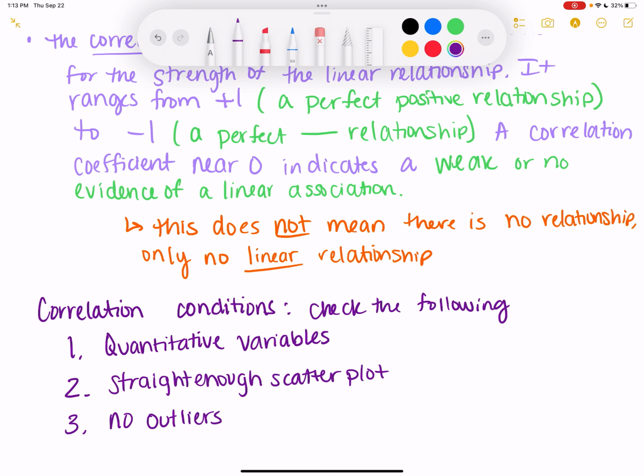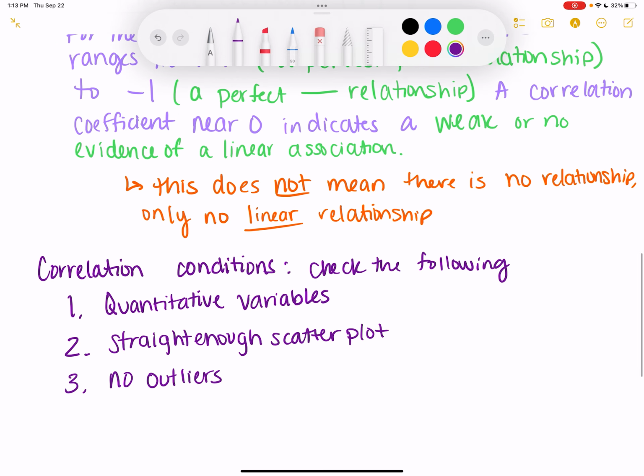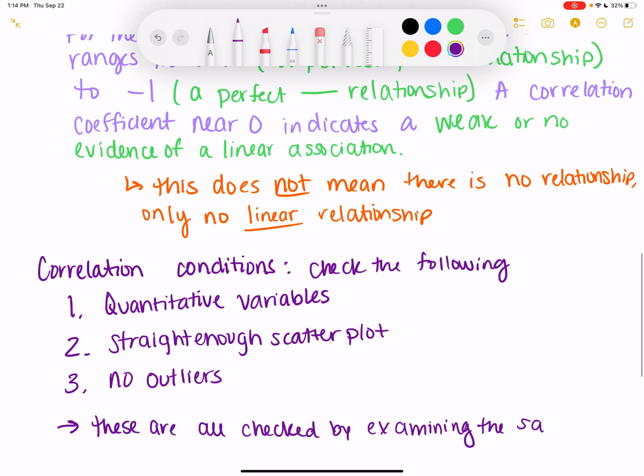Sometimes we'll just remove the outlier entirely because that can completely throw off our correlation. Eventually we'll talk about where the outlier sits for what effect it has on the correlation. And we check all of these by examining the scatter plot.